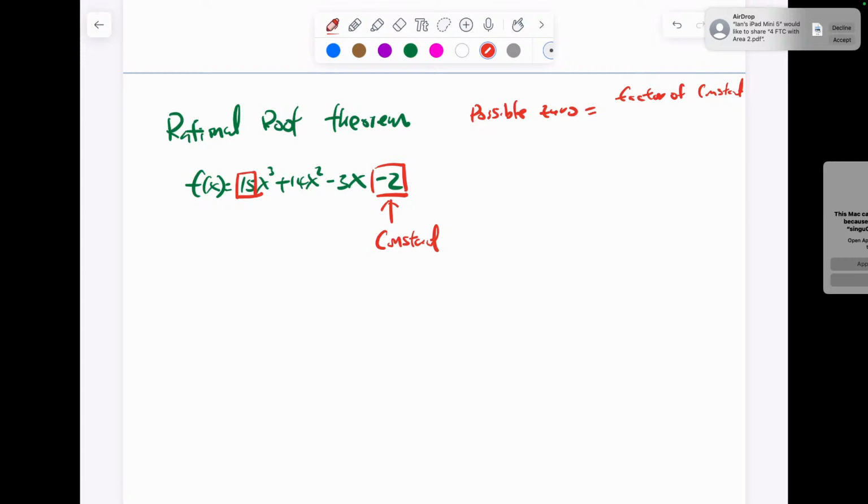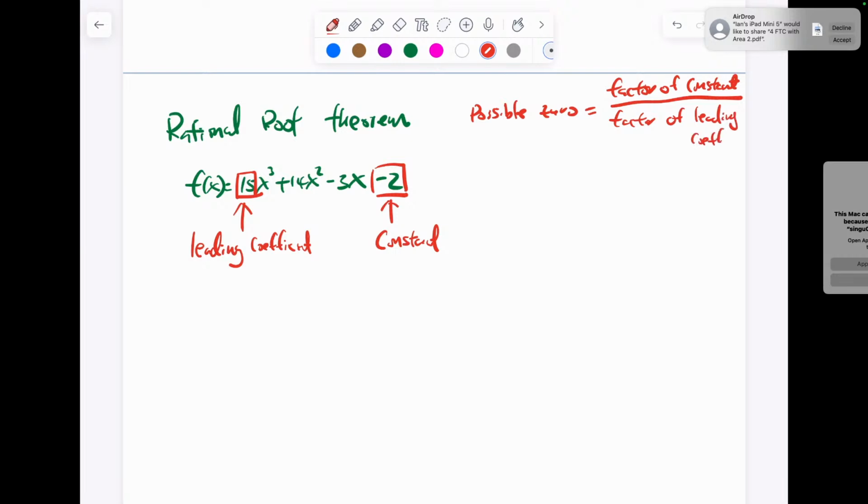Factor of the constant, over factor of the leading coefficient. Those are the possible zeros.